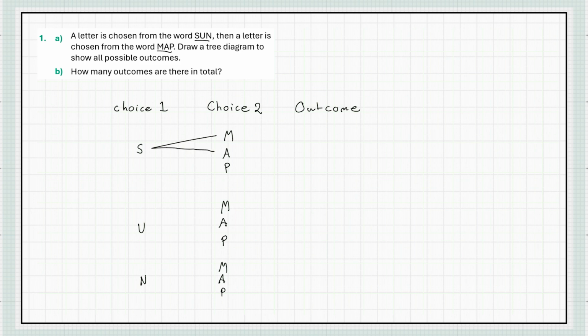After we're done, we're just going to draw a bunch of lines from our first choice to our second choice. Right, and then we can usually have a starting point for our tree.